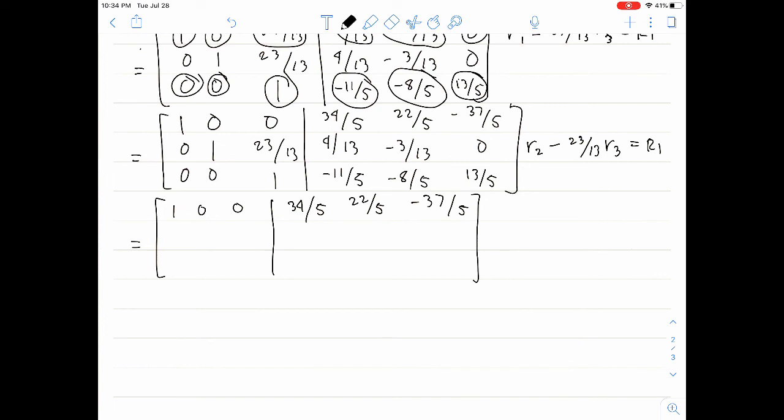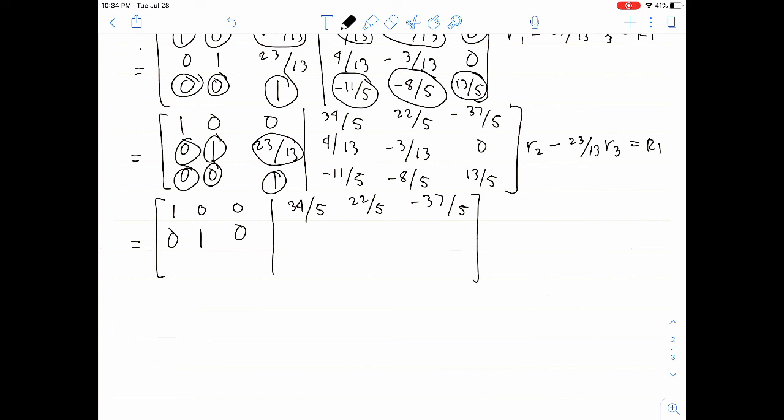So this is 0 minus 23 over 13 times R sub 3's 0, so 0. 1 minus 23 over 13 times 0 is 1. 23 over 13 minus 23 over 13 times 1 is 0.